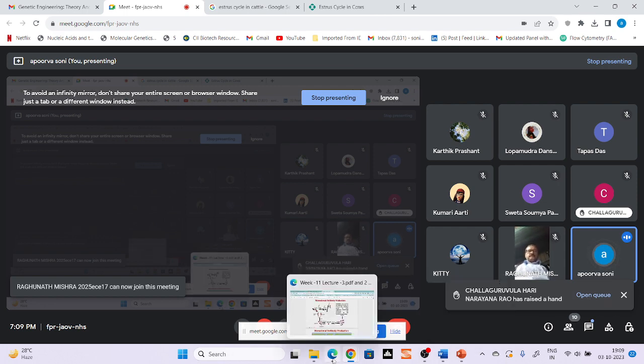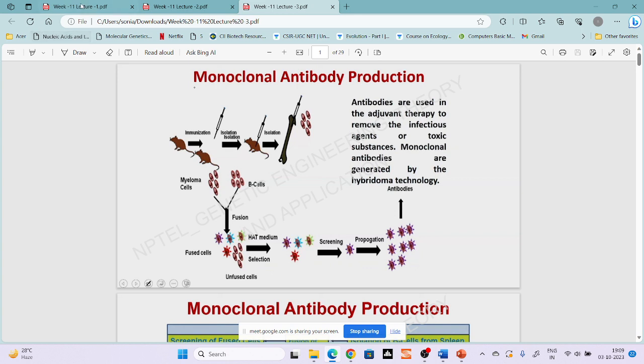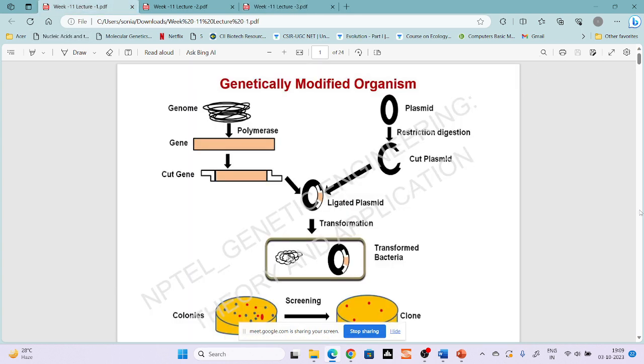Now we'll first go through what we studied in our first lecture. This is where we started. We started by creating a recombinant clone, having our gene of interest that we isolated from the whole genome, and then the plasmid, the vector in which we want to put it.